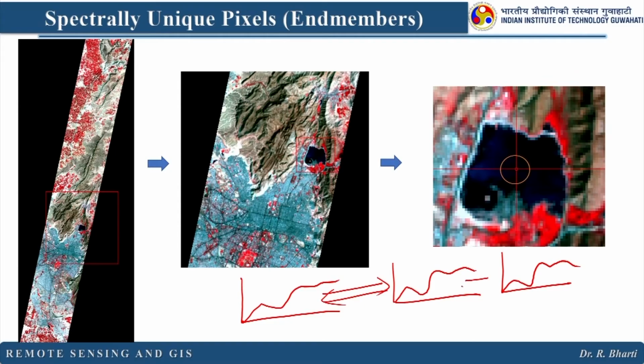So you need to use either of them as standard, and then you will say this particular image derived end member for vegetation is matching 10%, 20%, 30% with the spectral library derived from field or maybe from lab, right?